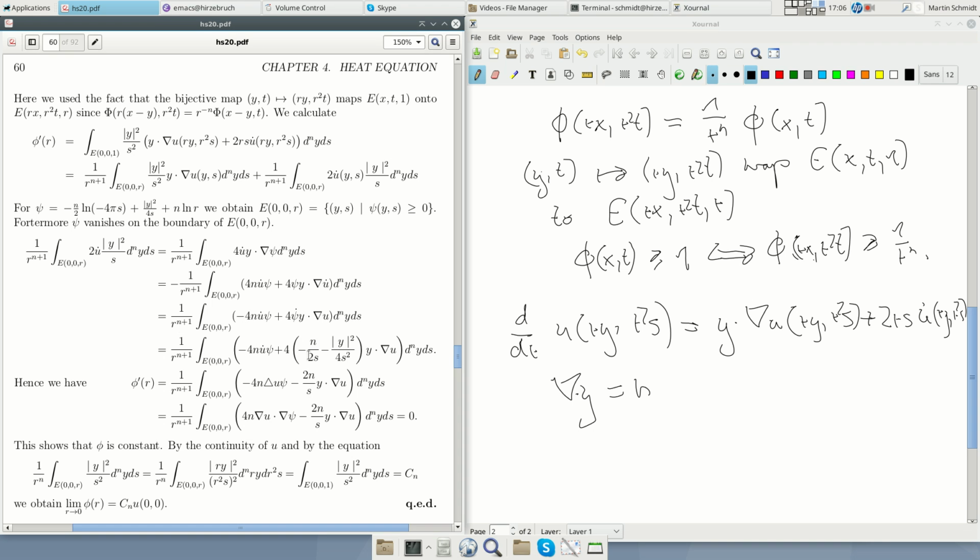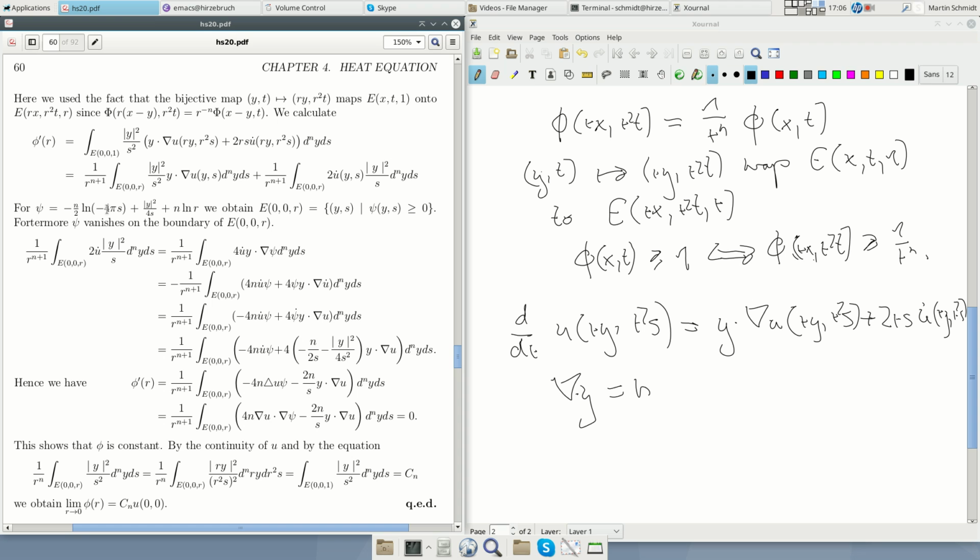What we do is calculate the derivative of psi with respect to s. Here we get minus y squared over 4s squared, with a minus sign. And here we get a minus n half times 1 over s.